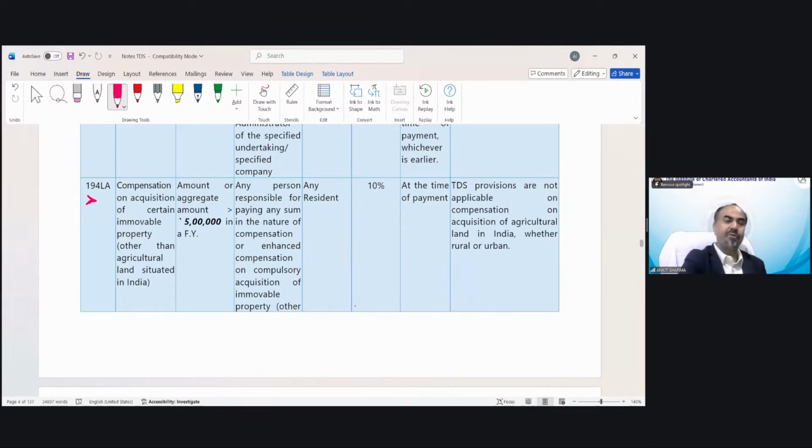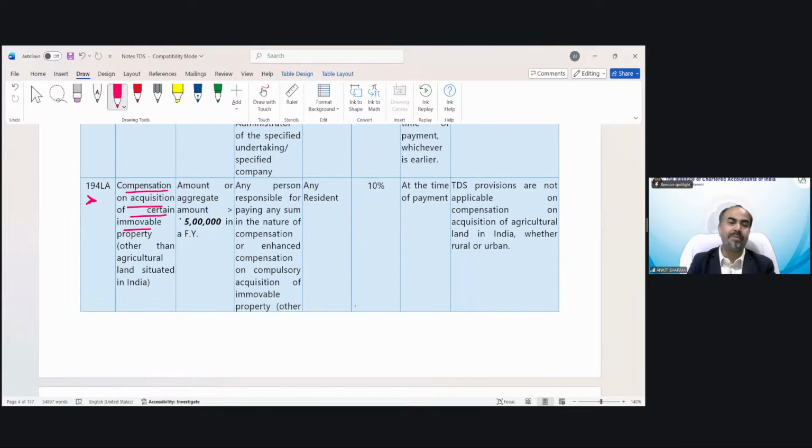That is 194LA. That is compensation on acquisition of certain immovable property other than agricultural land situated in India. So this word you might have gone through under some specific heads of income, that is compensation on acquisition of certain immovable property, that you must have gone through under the capital gain chapter.